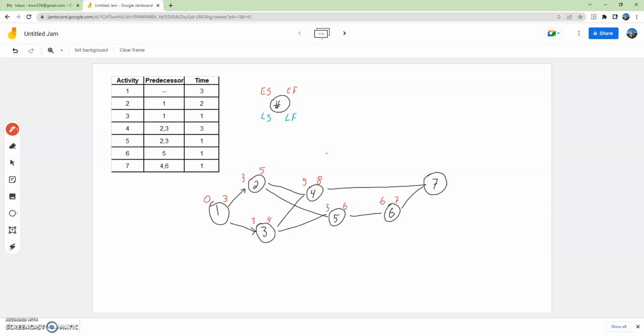So Activity 7 basically has to start, the earliest it can start is when Activity 4 is completed. Activity 7 takes 1 month, so Activity 7 will be completed at the 9-month mark. So basically, the project time is 9 months.